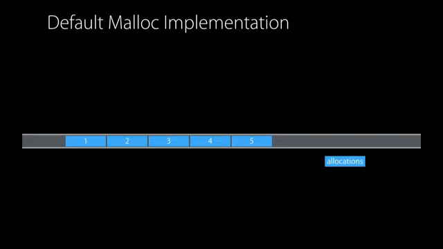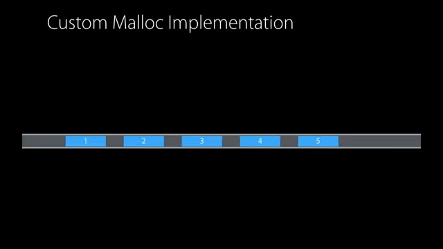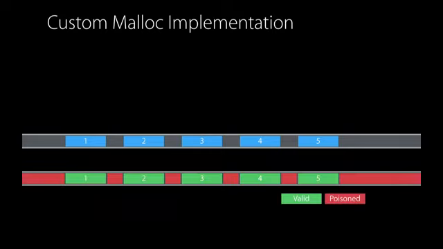However, this is not so good for catching bugs, because an overflow on one object will land on another object, and therefore it will be indistinguishable from a valid memory access. So to fix this problem, ASan's allocator lays out objects further apart from each other, and all the unused memory in between those objects is marked as poisoned in the shadow. When an object is deallocated, we mark the object as poisoned in the shadow.